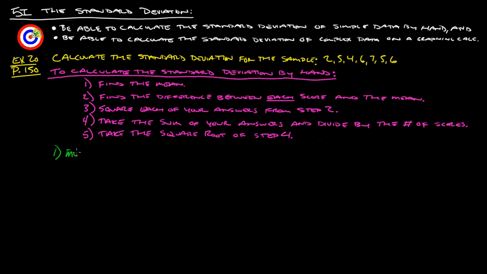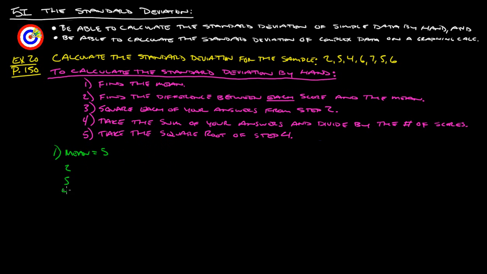So step 1, we got the mean equals 5. Step 2: find the difference between each score and the mean. Now it gets a little bit more fun. So let's do this.